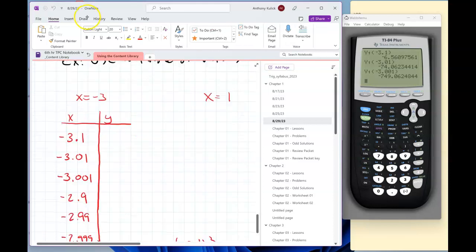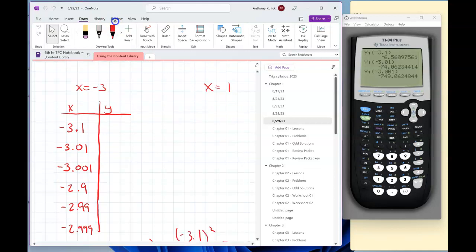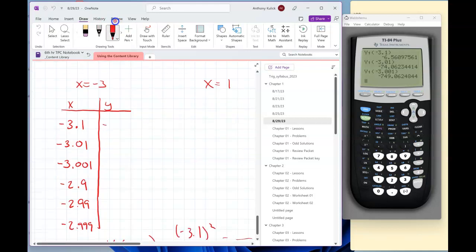Let's start recording some of this stuff that I just typed in. So negative 656, negative 7406, negative 749.06.